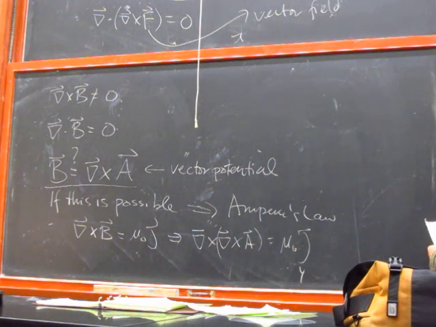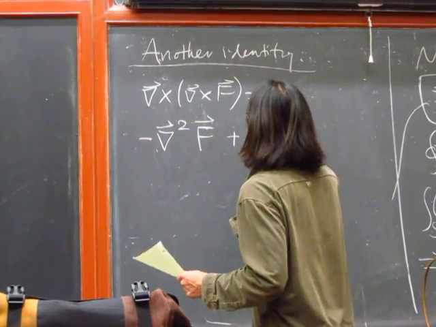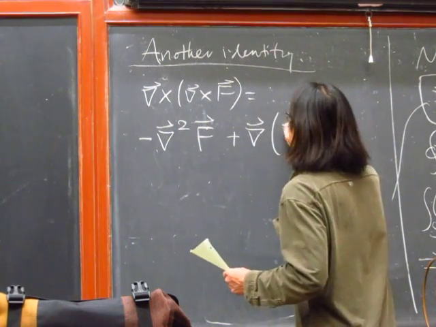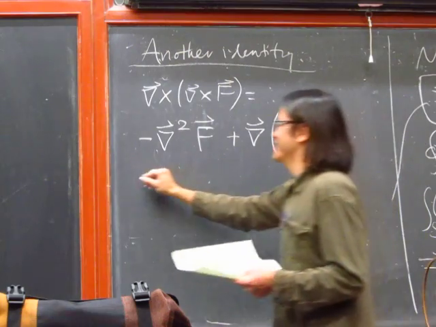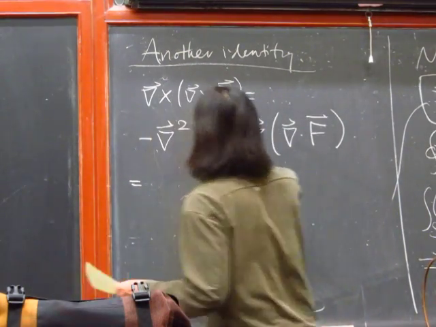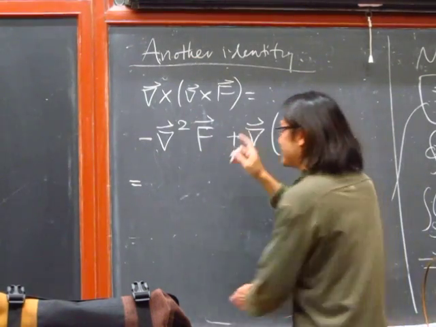And so if I have a curl of a curl of a vector field, after pages of algebra, we get that this is equal to minus the Laplacian of f, but f here is a vector, plus the gradient of the divergence. This is just to write it out, because you're not familiar with the Laplacian of a vector.